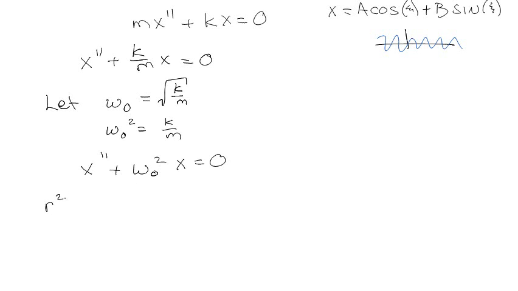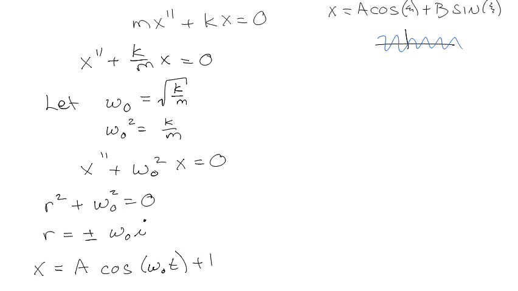So I can write the characteristic equation r squared plus omega naught squared equals 0, which means that r is equal to plus or minus omega naught i, meaning that I can write a solution in the form of some unknown a cosine omega naught t plus b sine omega naught t.